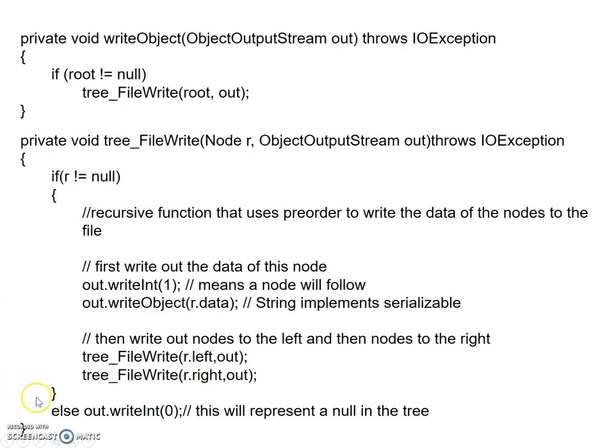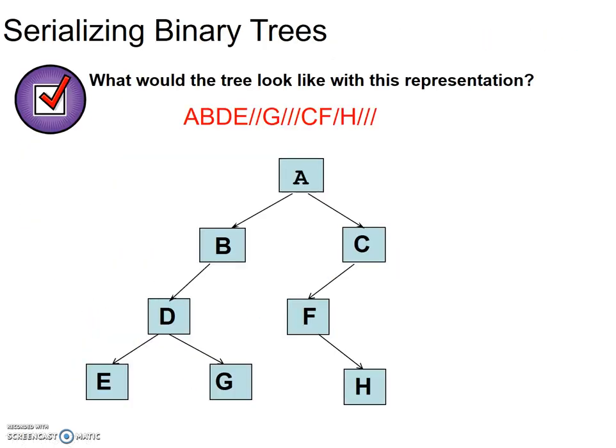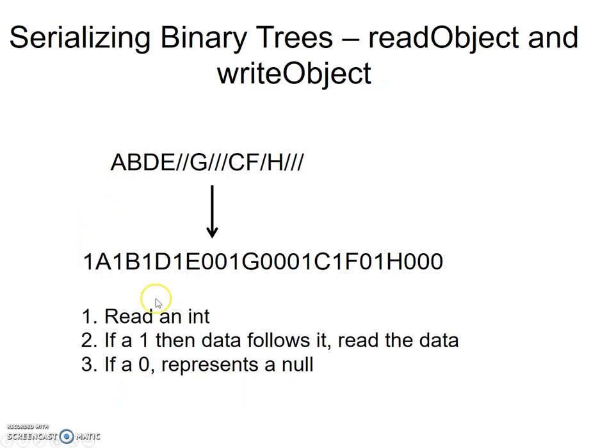If it is equal to null, then I write out a 0. If I'm writing out my data, then I go to the left, recursively traverse to the left, and recursively traverse to the right. And so it would now take this tree and convert it into this string.